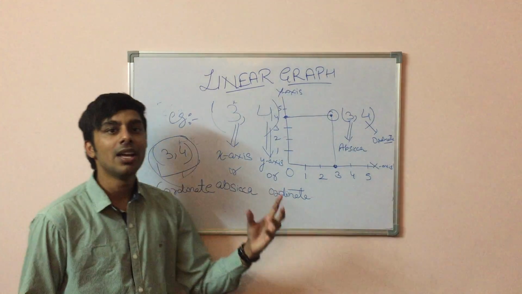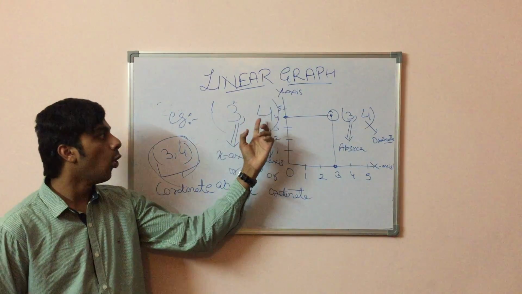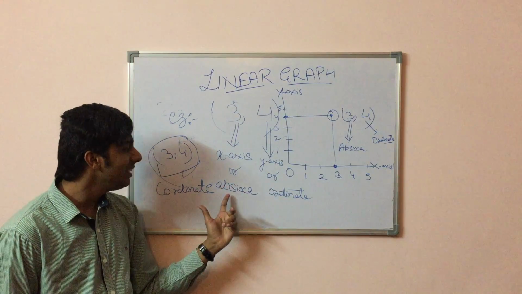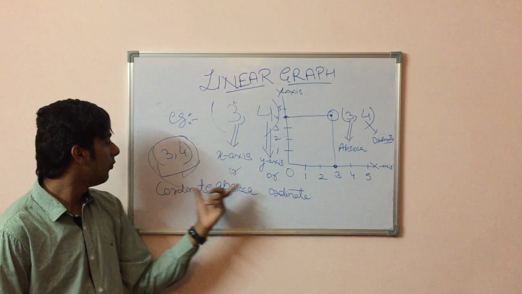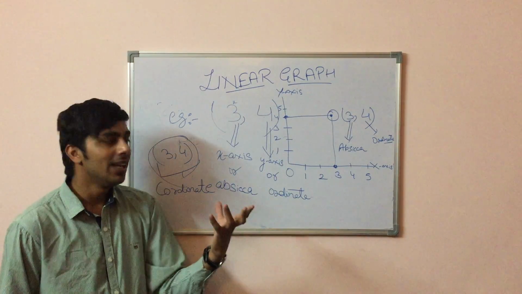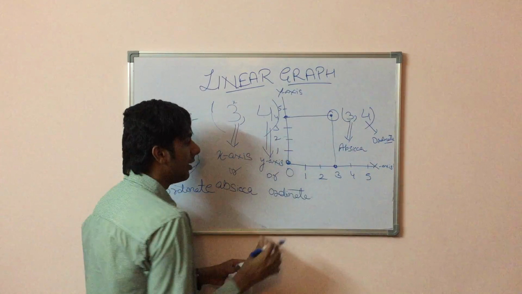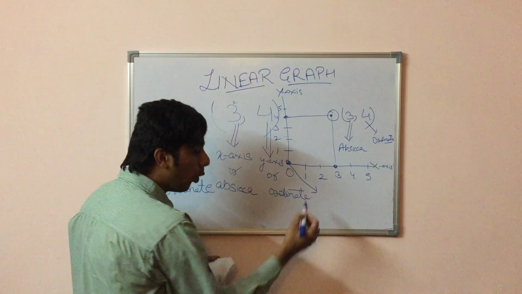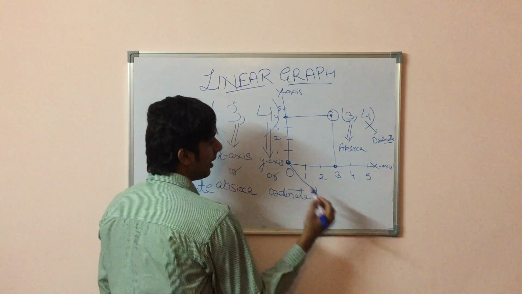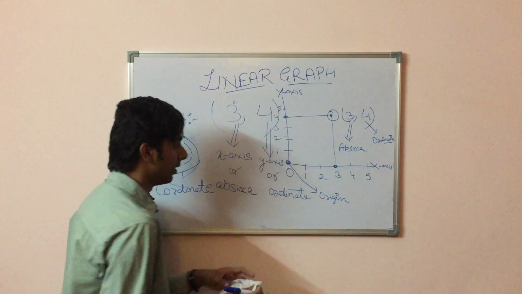Abscissa is the point of x-axis and ordinate is the point of y-axis, and when we combine the abscissa and the ordinate, we form a coordinate, for example (3, 4), (4, 7), anything. And the point where x and y both are 0 is called origin.